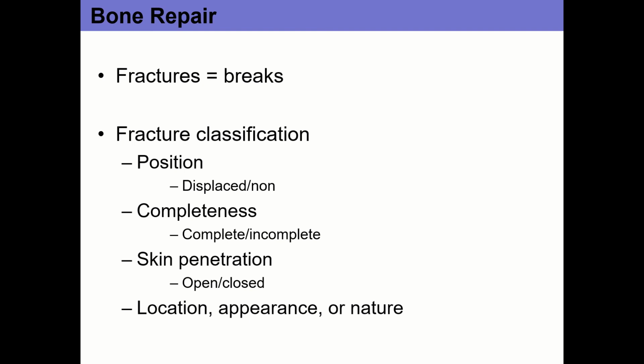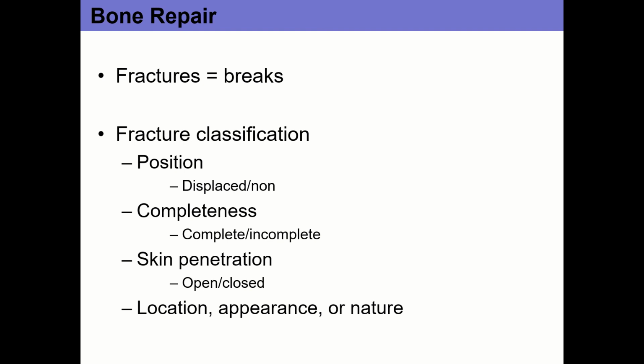The reason that's problematic is that with an open wound you have a potential site of infection. Anytime you've got an open wound, bacteria can get in there, and that can be bad. So open fractures are worse than closed fractures in that they pose an additional risk.